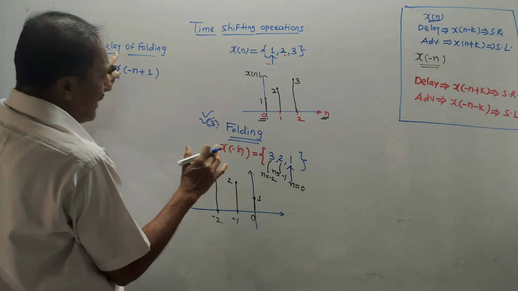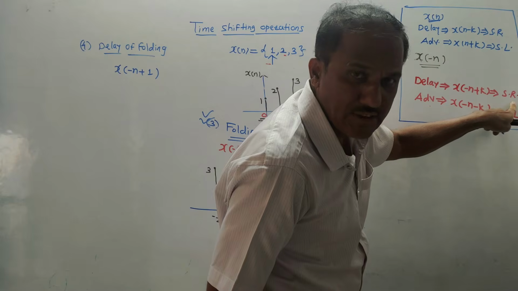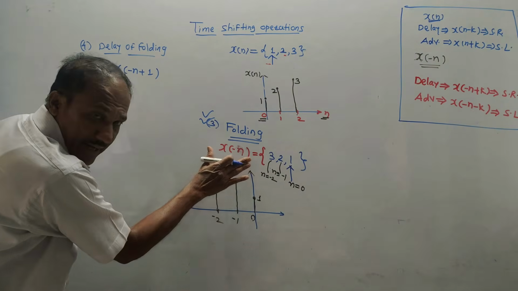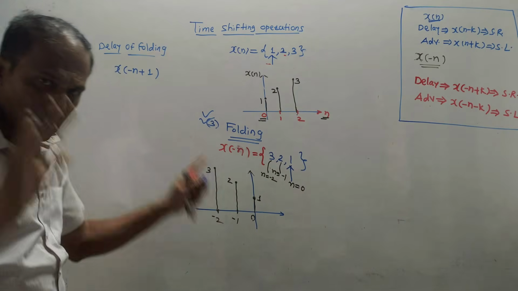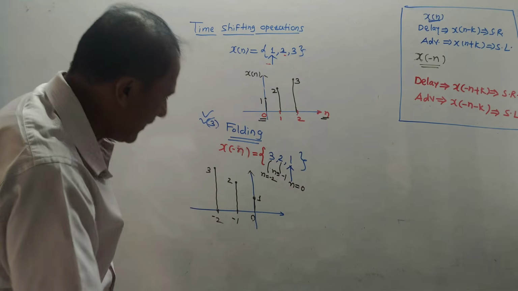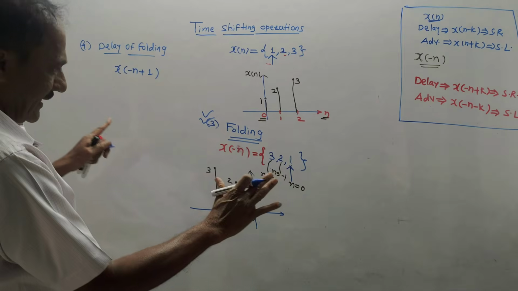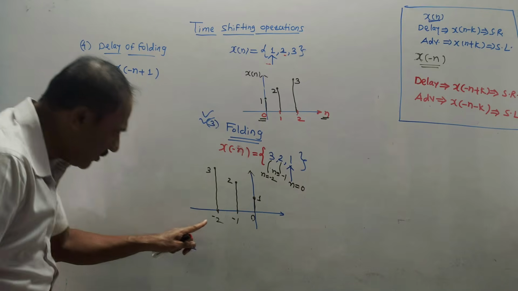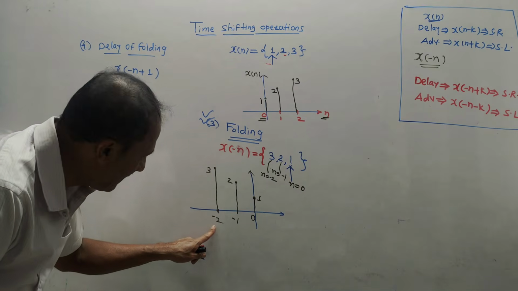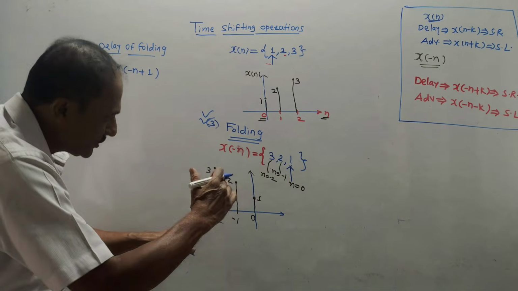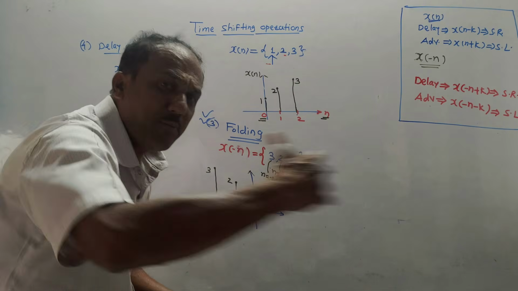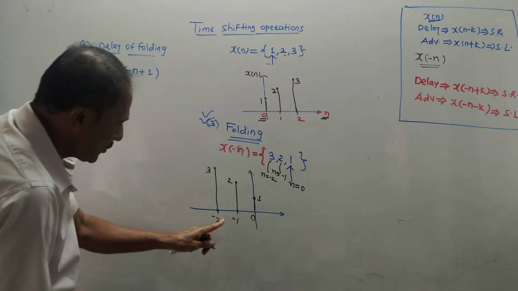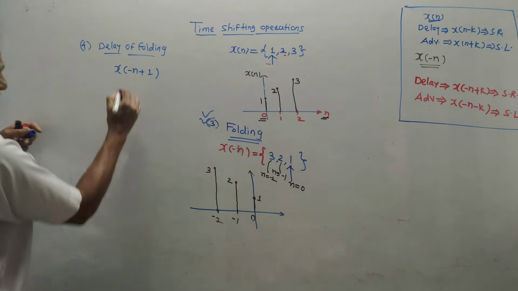Now delay means always shift the diagram towards right. By how many positions? By one position. So this diagram of the folded signal, I have to shift it towards right by one position. Think like this. Every diagram starts from the left hand side. So the starting point of this diagram is at minus 2. I have to shift it towards right by one position, so the starting point will be minus 1.